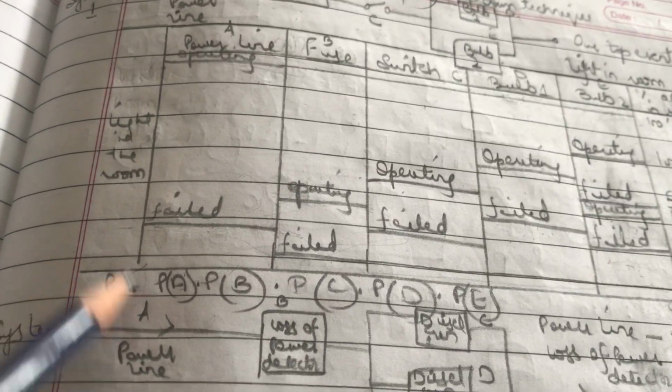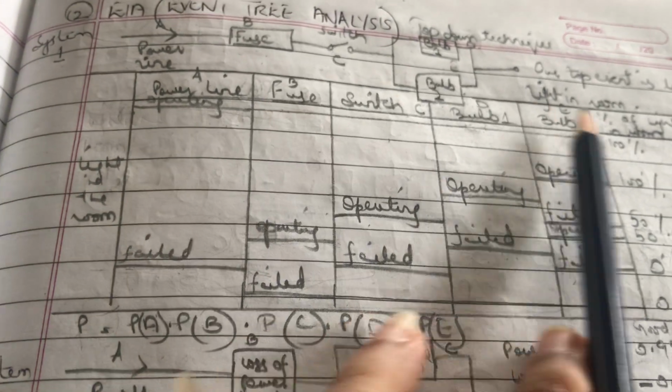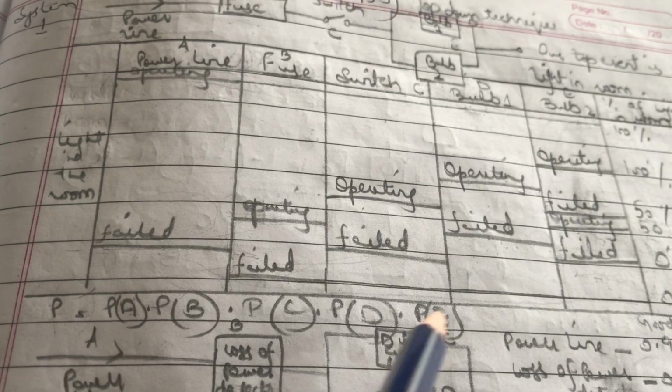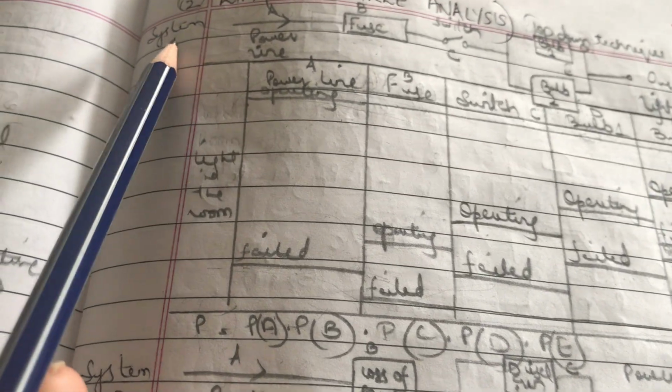The overall probability can be written as the product of all five probabilities. So this was all for system 1.